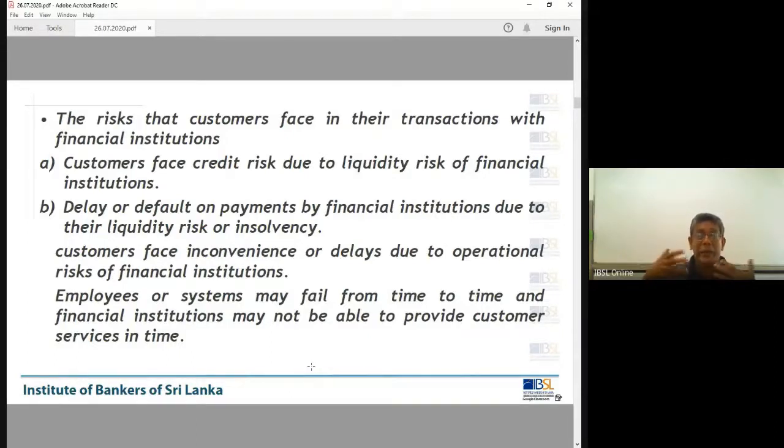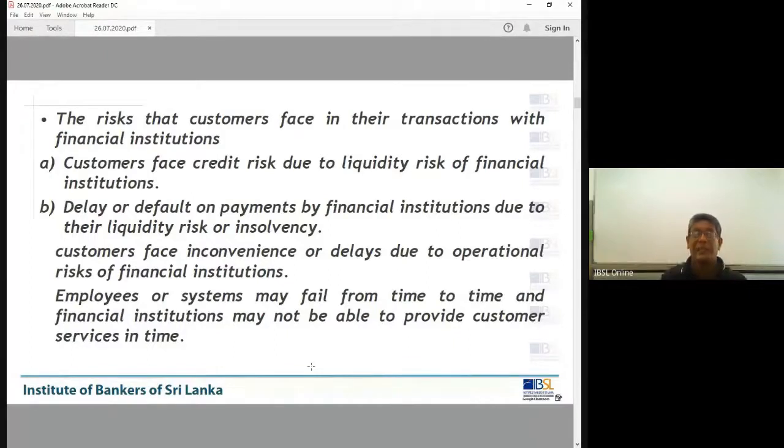So maybe because you did not provide proper services, or maybe he is not attending to his job. Therefore, because of your operational issues, customers face delays and inconvenience. Maybe your bank is closed today, so you are not in a position to get the money because the branch is under flood.